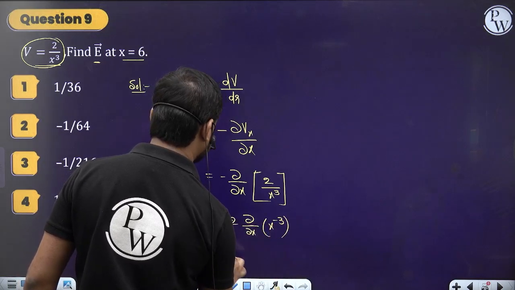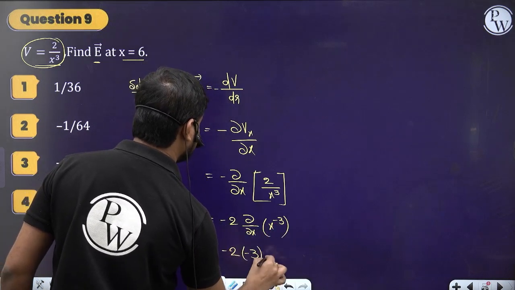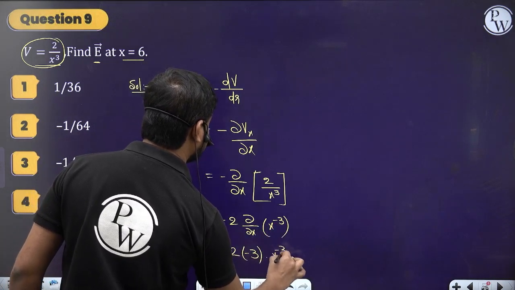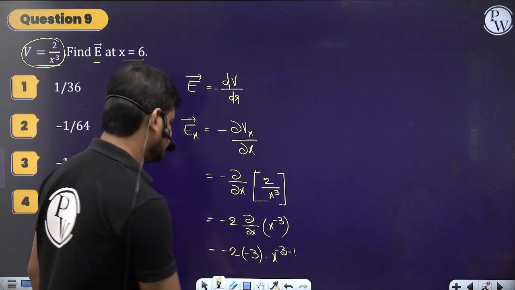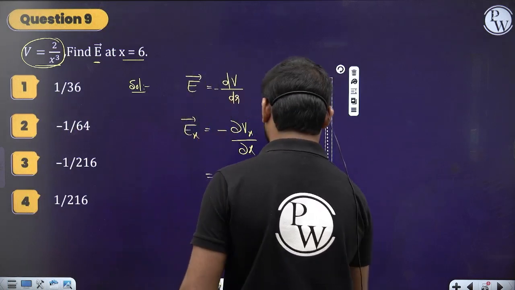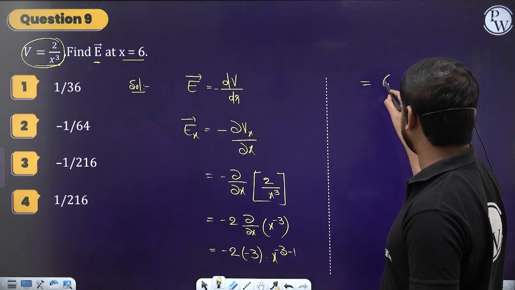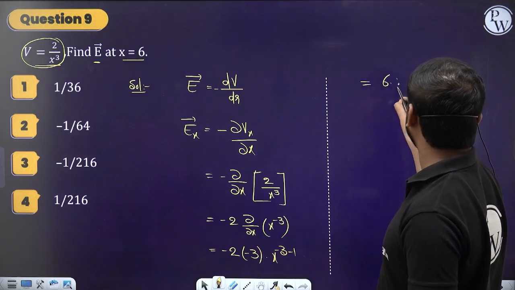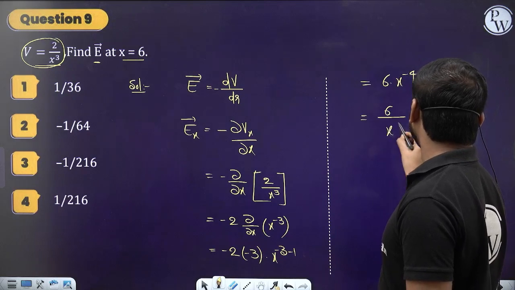So minus 2 into minus 3 into x to the power minus 3 minus 1. So I can write this as minus 2 into minus 3, which is 6, into x to the power minus 4, which is nothing but 6 by x to the power 4.